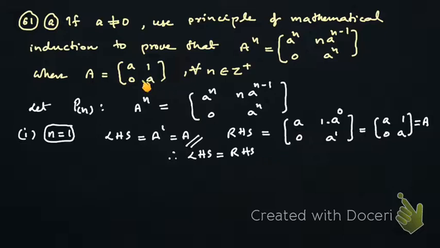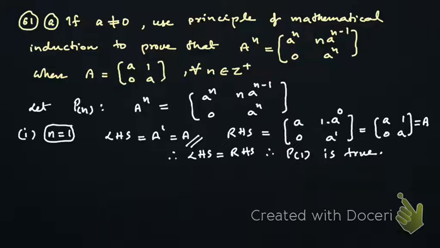And if LHS equals RHS, that means I proved that this result is true when n is equal to 1. So I say P of 1 is true. That's your first stage in induction questions.